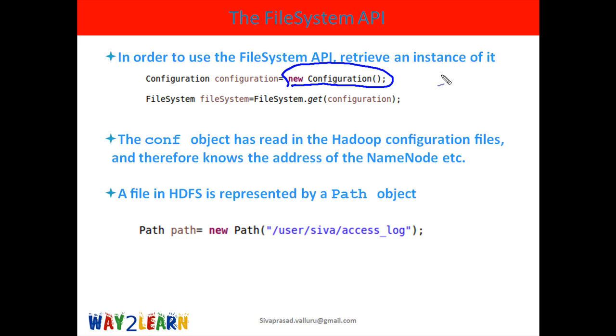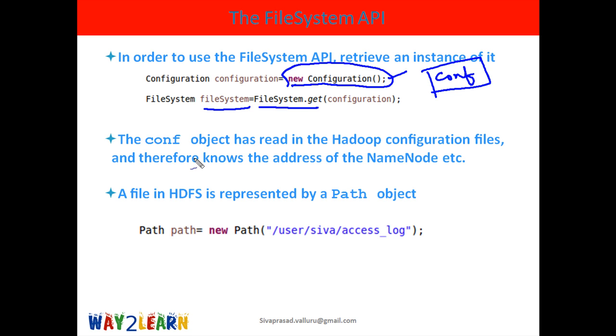In the conf folder of your Hadoop home, there are a lot of configuration files, and by reading those it will load all the default values. Then once the Configuration object is created, if you call FileSystem.get, you will get the FileSystem object.